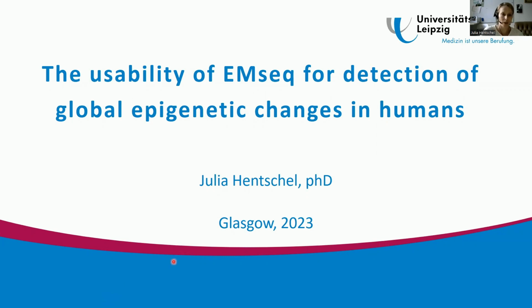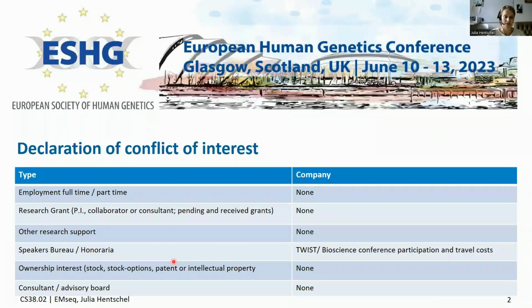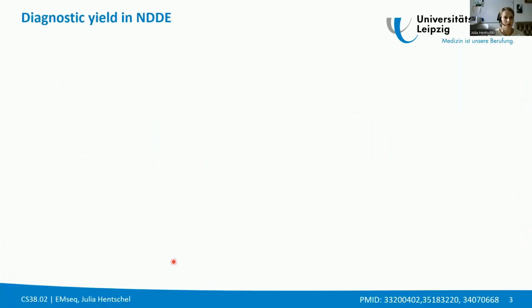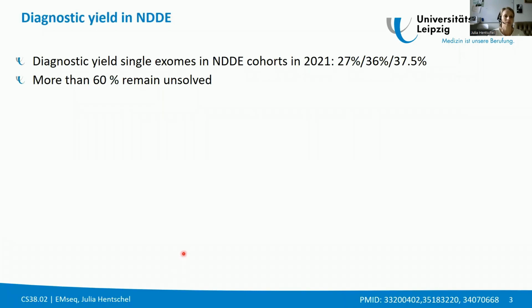So, hello everybody, welcome to my talk about DNA methylation. These are my disclosures. So when we are looking at the use of a single exome analysis in NDD cohorts, you can see that the diagnostic yield is about 30%, depending on the design of the studies.